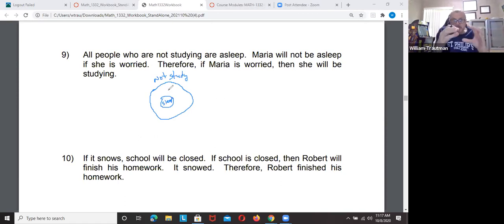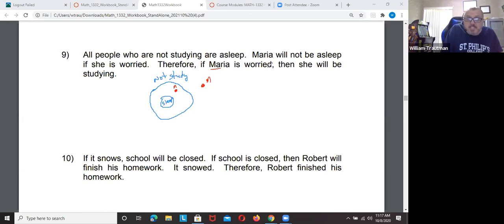So these are the people sleeping. They're not studying. Maria will not be asleep if she is worried. So Maria's not asleep. So Maria could be out here, or Maria could be here. These are the people sleeping. Maria could be in either location.